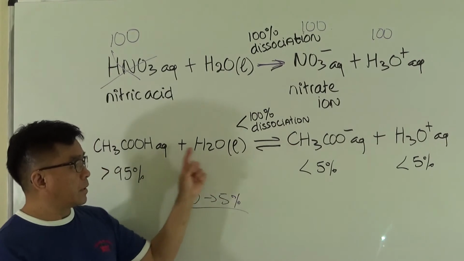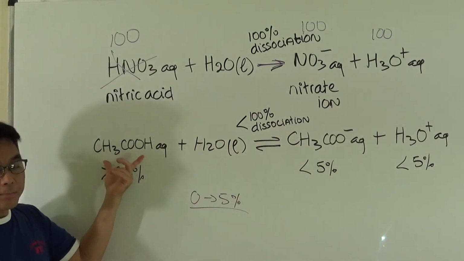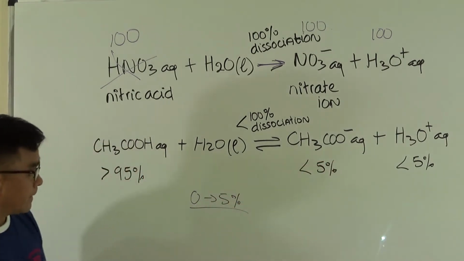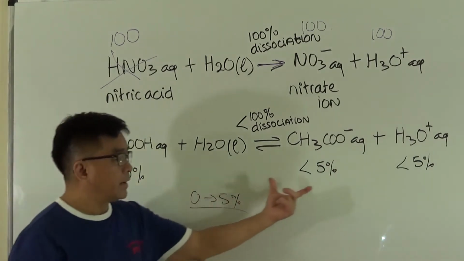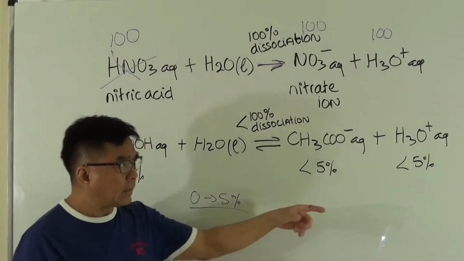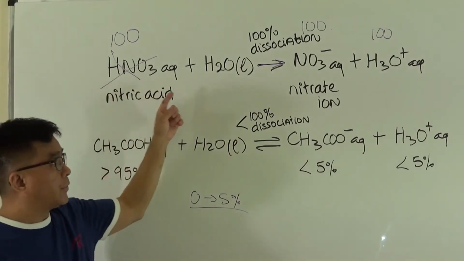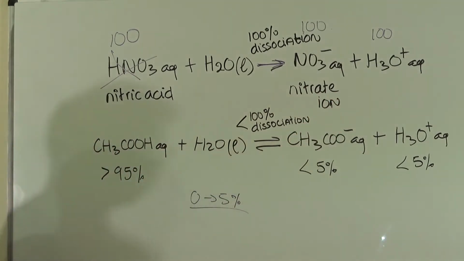When you measure at equilibrium, there's a lot more undissociated acid than the dissociated form. So you have mostly molecules and only a few ions. Whereas for the strong acid, you don't have any molecules at all, you have only ions. And so that's another example of strong and weak acid dissociation.